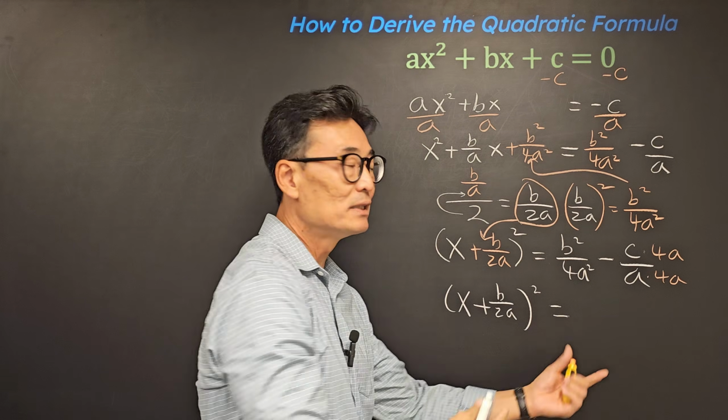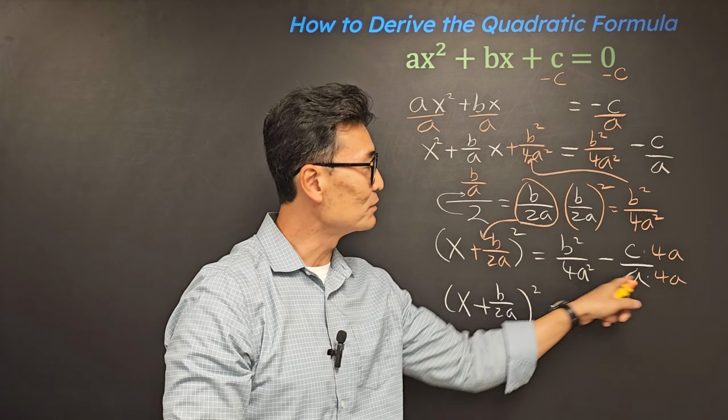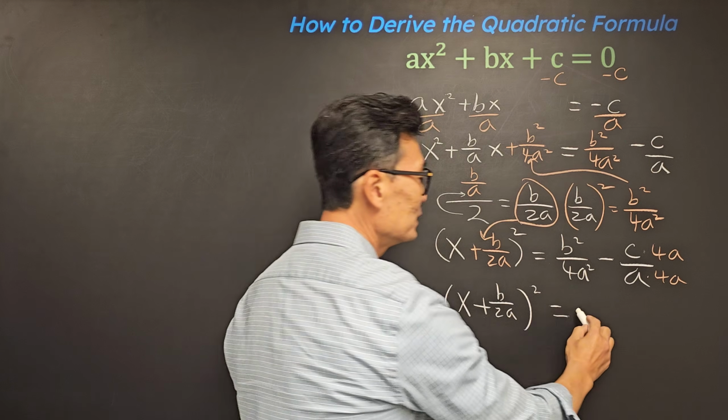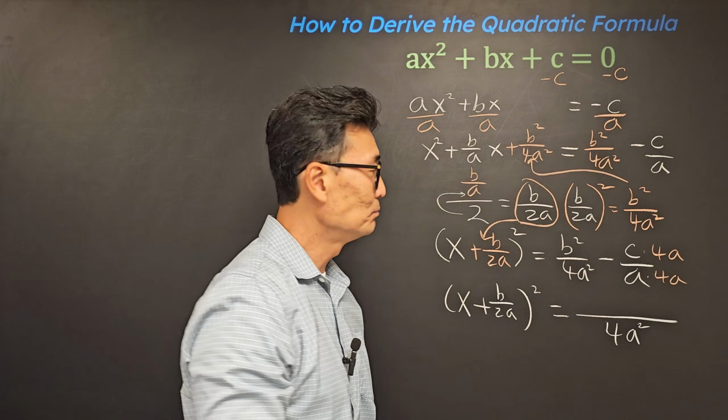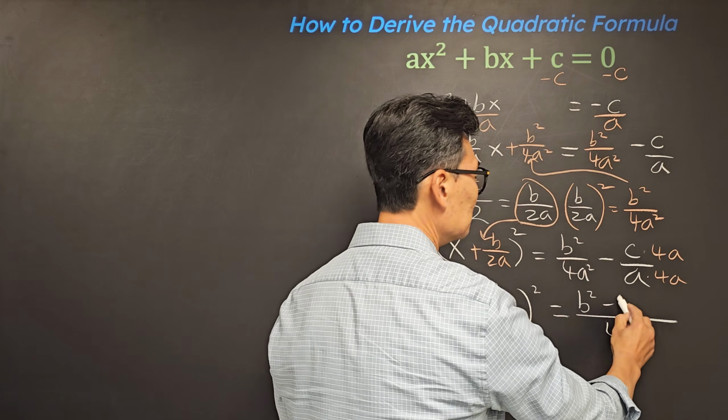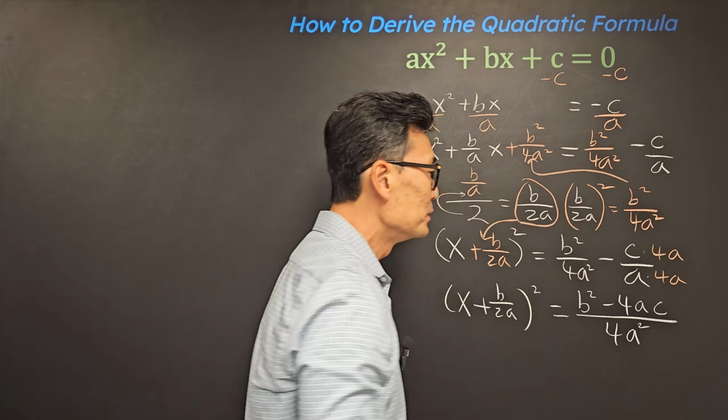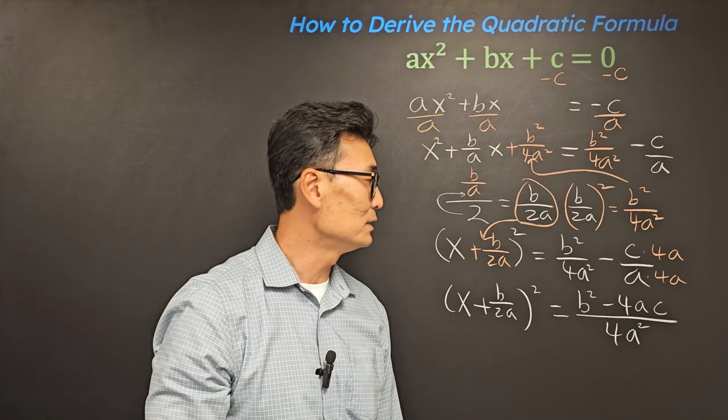If we combine these two fractions, now that we have the same denominator, it's going to be 4a squared on the bottom and b squared minus 4ac on the top.